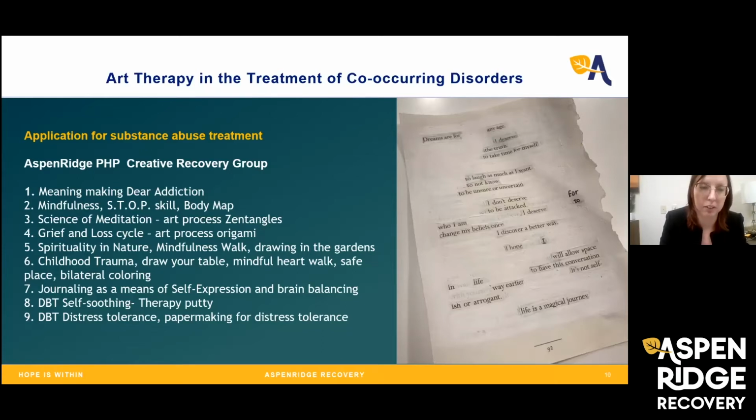We might talk about childhood trauma and combine that with art interventions, maybe safe place or bilateral coloring, which will make that brain stimulation. But the same as we use safe place in other trauma treatment, this would use safe place as a visualization, but then also maybe creating it with art, or maybe in a box or with images.